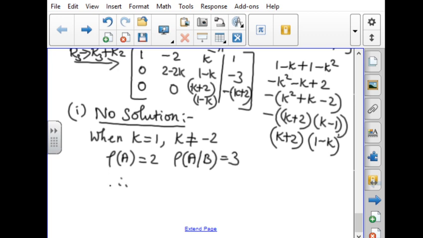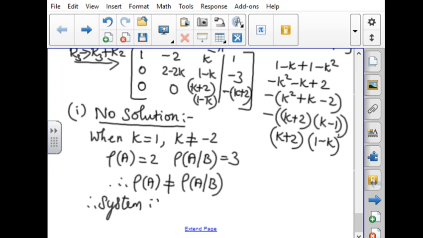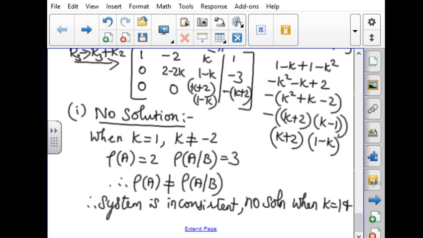Therefore, rank of A is not equal to rank of A bar B. Hence, the system is inconsistent, no solution, when k equal to 1 and k is not equal to minus 2.